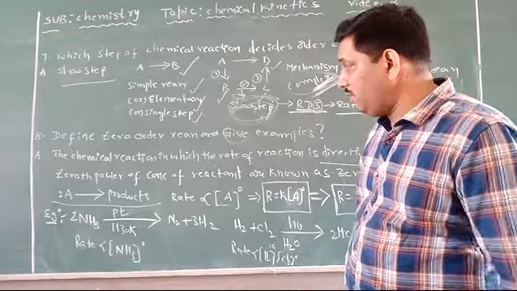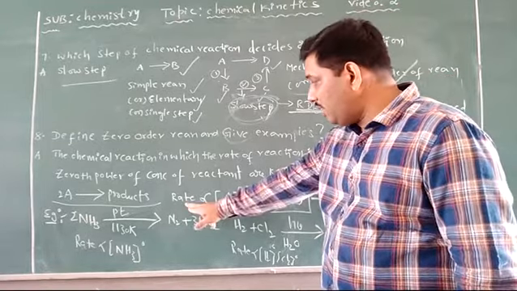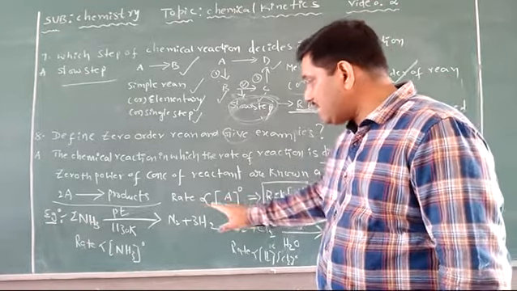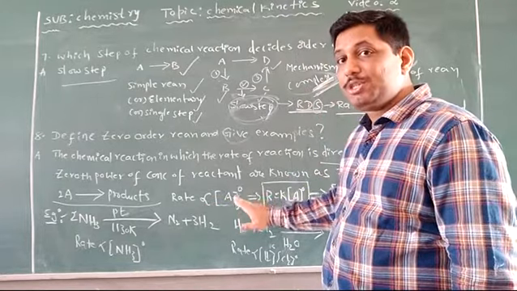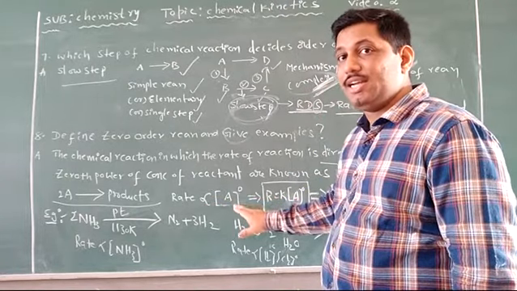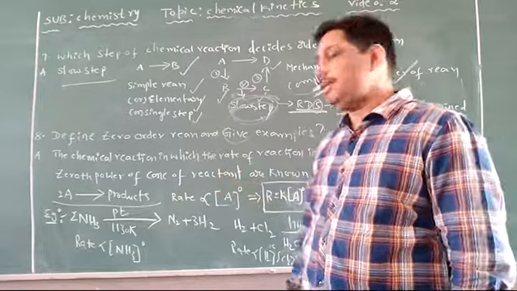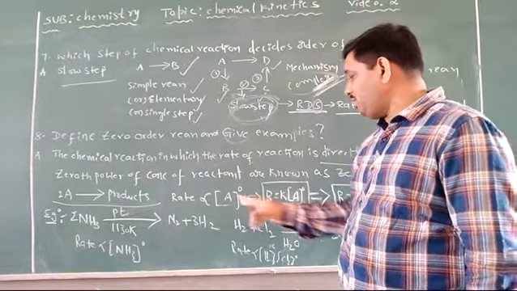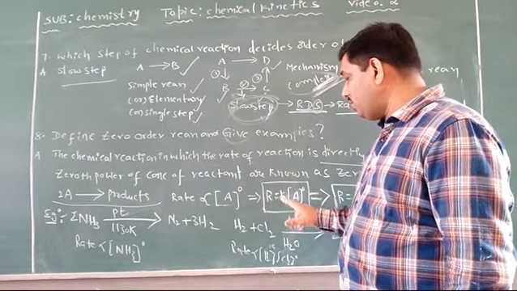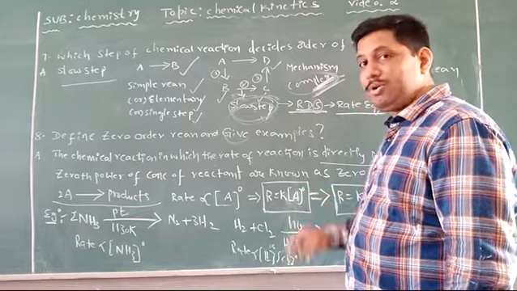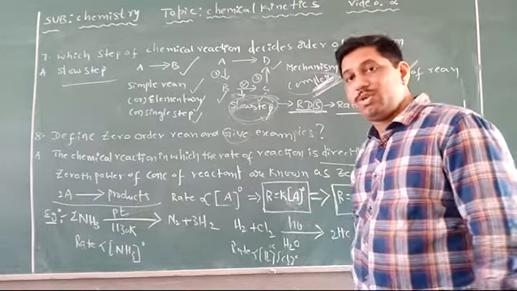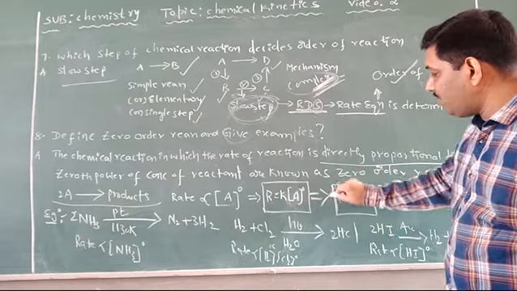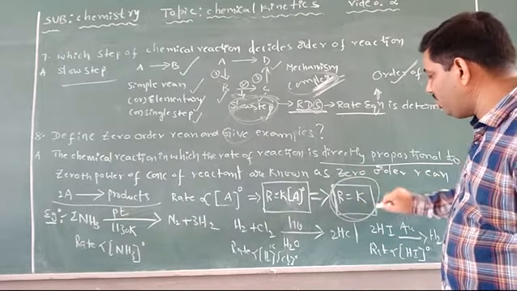According to the definition, the chemical reaction in which the rate of the reaction is directly proportional to the zeroth power of the concentration of reactant is known as a zero order reaction. For the proportionality, by using a constant, rate is equal to the rate constant times [A] to the power of 0. Something to the power 0 is equal to 1. Hence, the rate of reaction is equal to the rate constant.